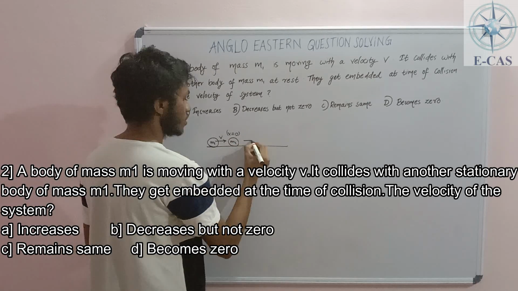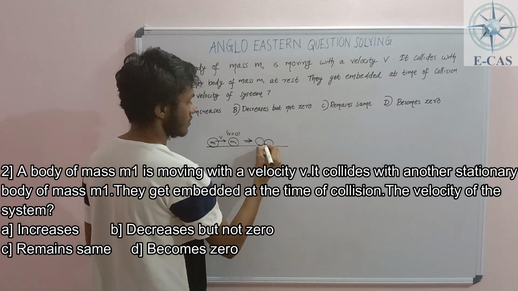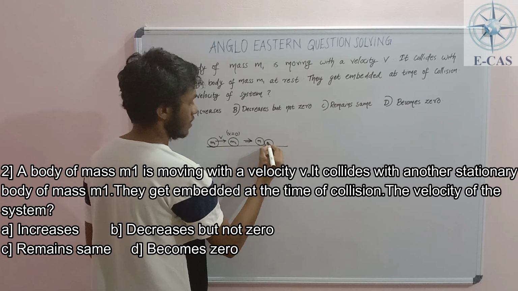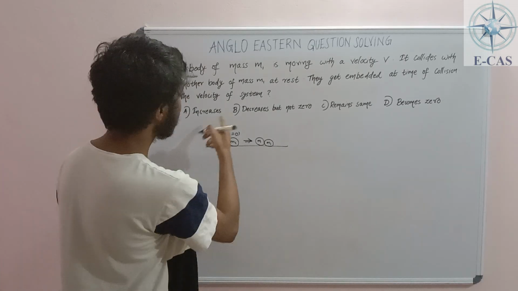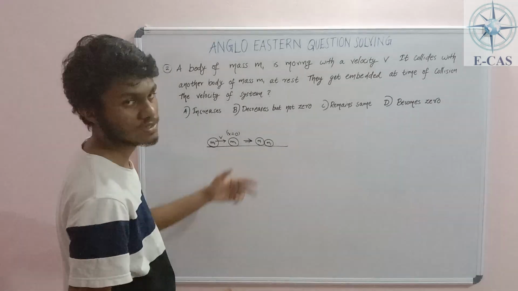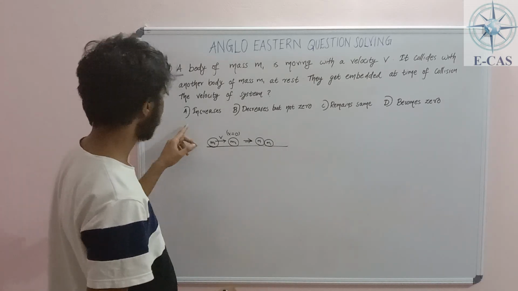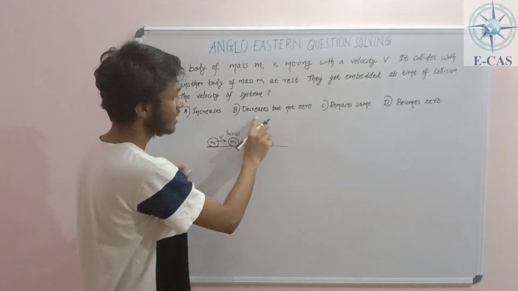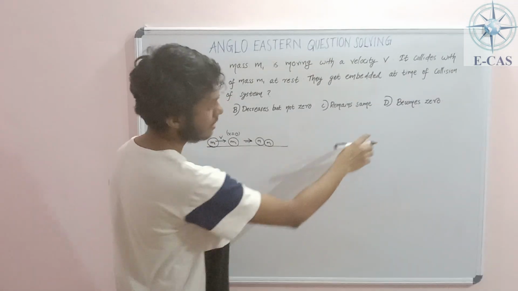So after collision, this system will become this one, m1 and m1 embedded together. We have to find the velocity of the new system. The given options are: option A, increases; option B, decreases but not zero; option C, remains same; option D, becomes zero.